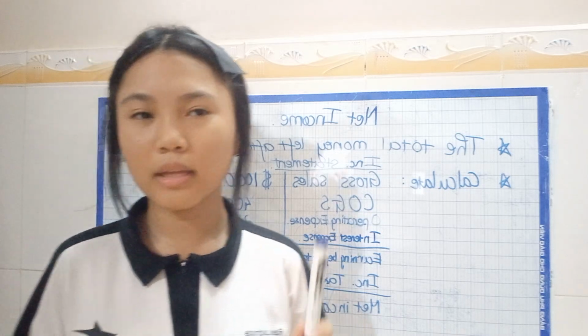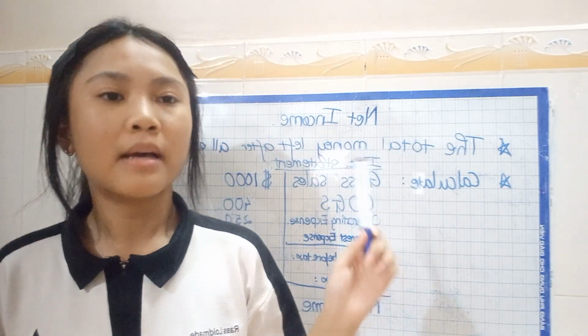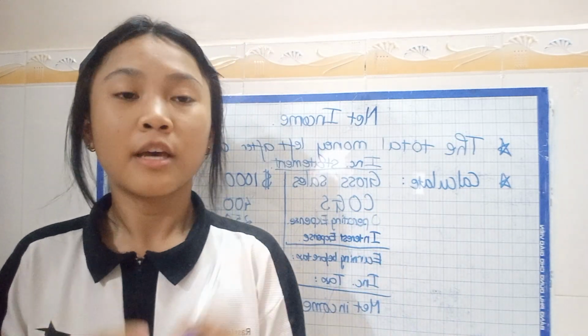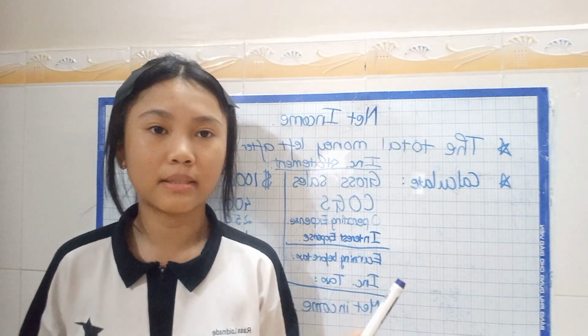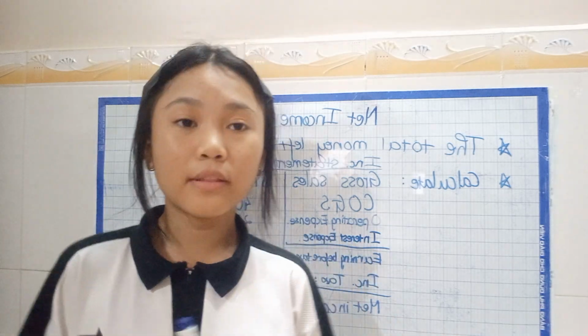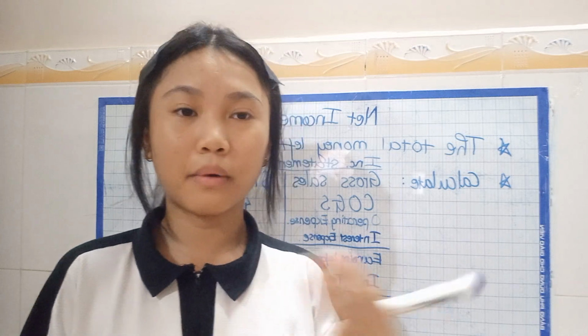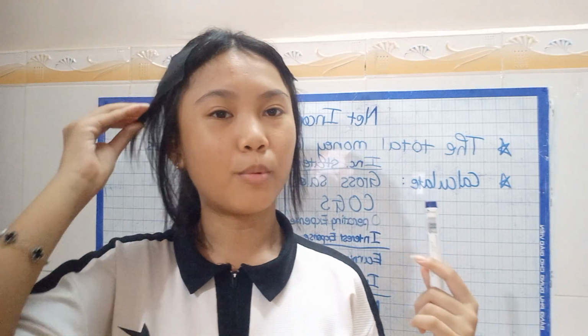So first, let's look at its definition. Net income is the total amount of money left after you have spent all your money earned on the expenses that you need to pay. We've learned that a lot of expenses in business could be interest expense, where you have to pay money back when you borrowed something, or cost of goods sold, which is basically whenever you make any products, you're going to need to pay an amount of money to make that producible, right?